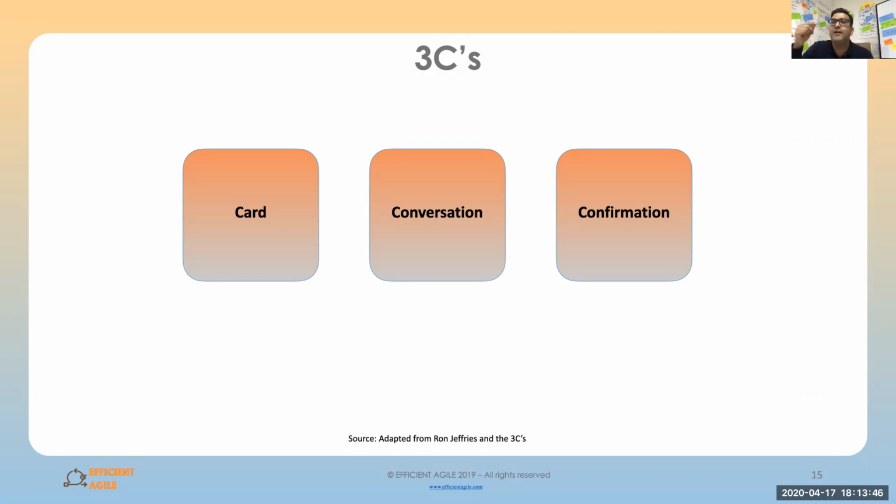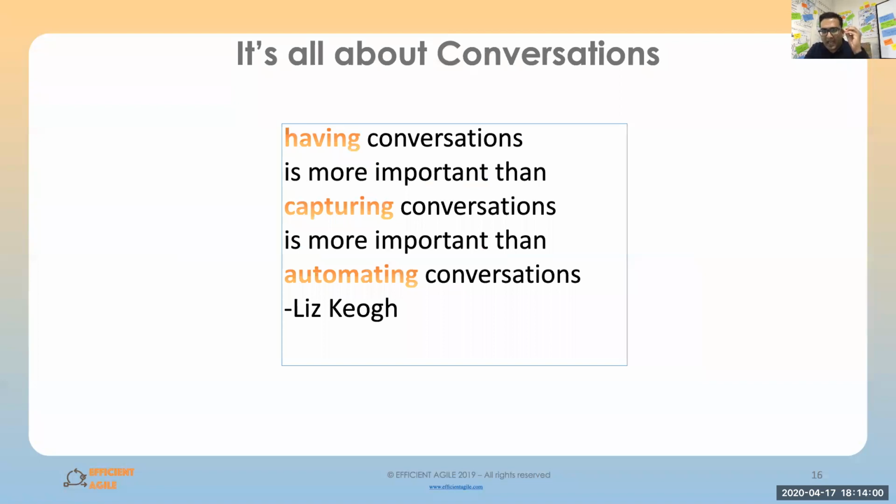How am I going to achieve my goal? What are the things I need to satisfy? It's your condition of satisfaction. So the card, the conversation, and the confirmation is the key aspect for conversation. So it's about having the conversation, it's about capturing the conversation, and automating this conversation.